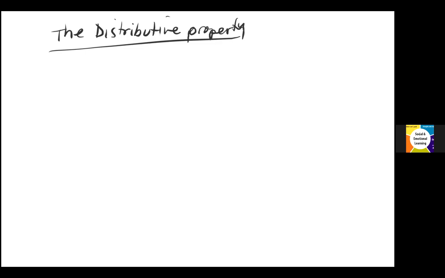The distributive property is when you have something like A multiplying B plus C. Does anybody know how we do this multiplication? How we would multiply these together? A specific example would be if you had something like 2 times 3 plus 4.